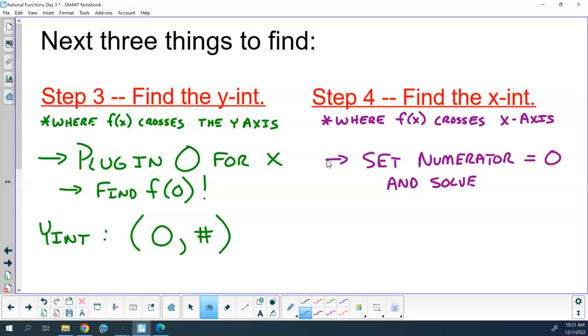Like if it's 3x plus 2, you're only going to have 1. If it's 4x squared minus 7, you're going to have 2. If it's a cubic, you're going to have 3. Because remember, the degree of a polynomial tells you how many solutions you're going to have. So the x-intercept is also a point or points, and it's going to be (some number, 0).